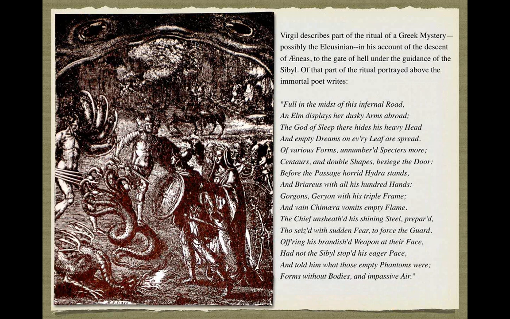Before the passage, horrid Hydra stands, and Briareus with all his hundred hands. Gorgon, Geryon with his triple flame, and vain Chimera vomits empty flame. The chief unsheathed his shining steel, prepared, though seized with sudden fear, to force the guard.